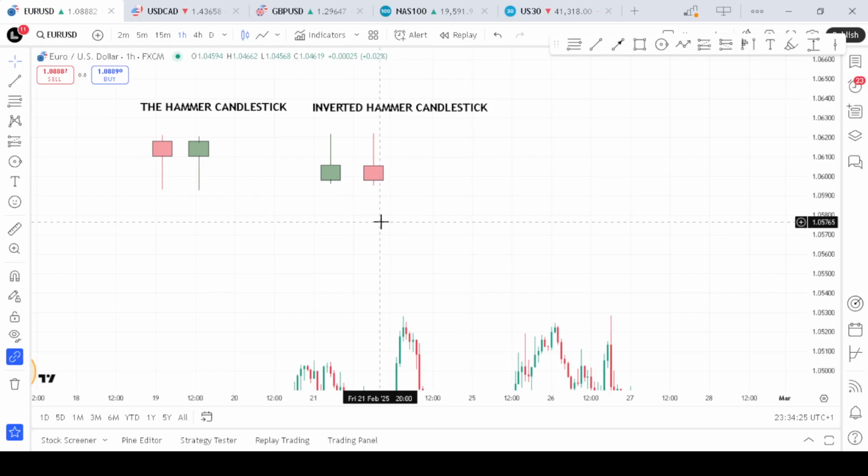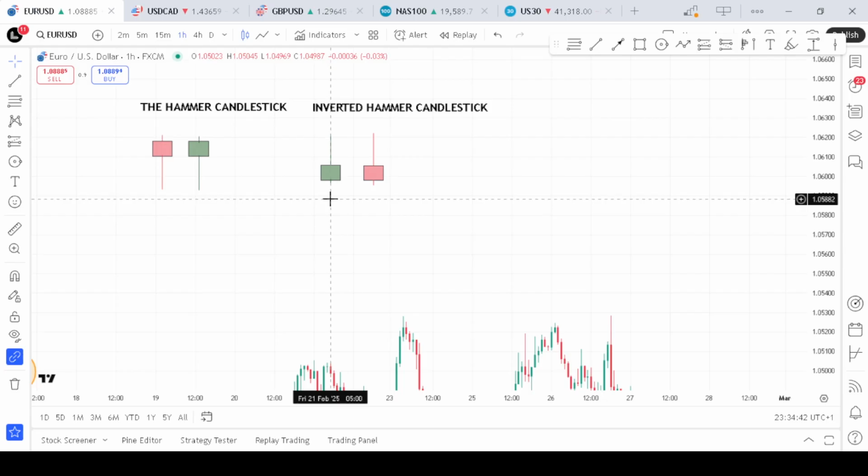The inverted hammer indicates that buyers attempted to push price higher during the session, but sellers stepped in and pushed the price back down.